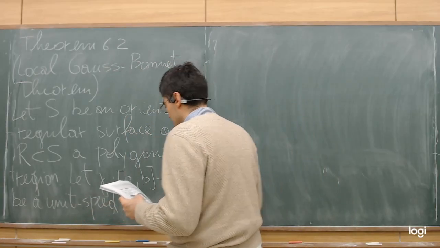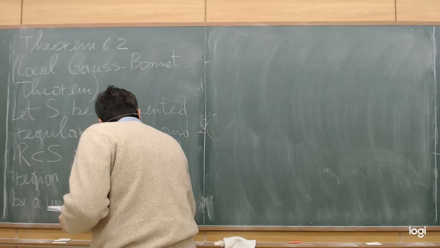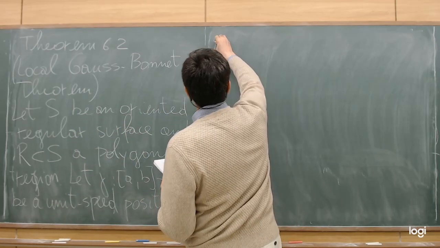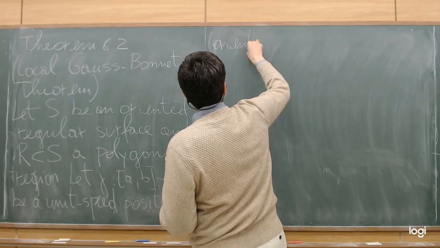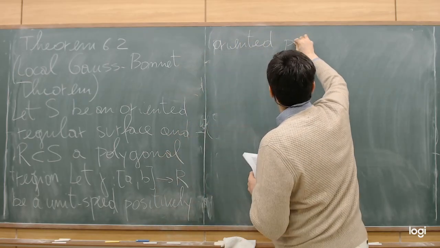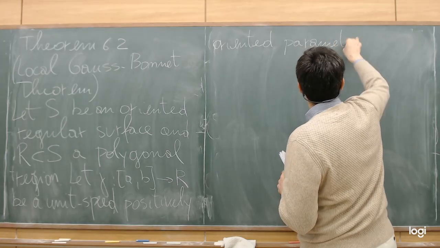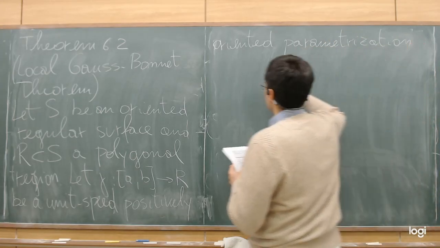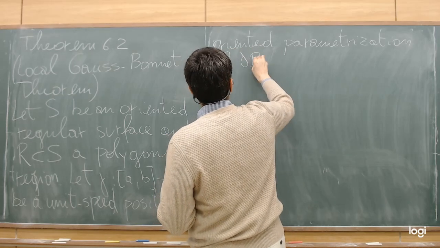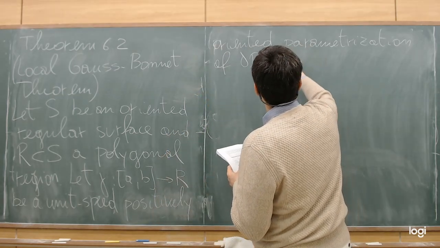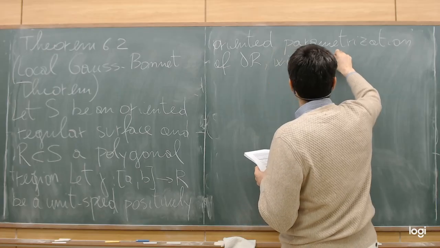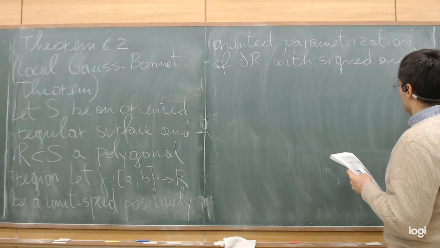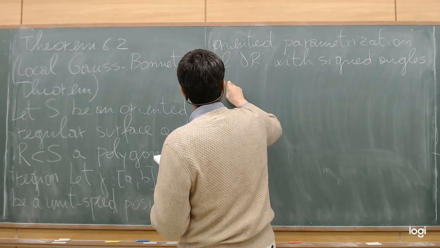I should write positively oriented parametrization of the boundary of R with sine angles alpha i.